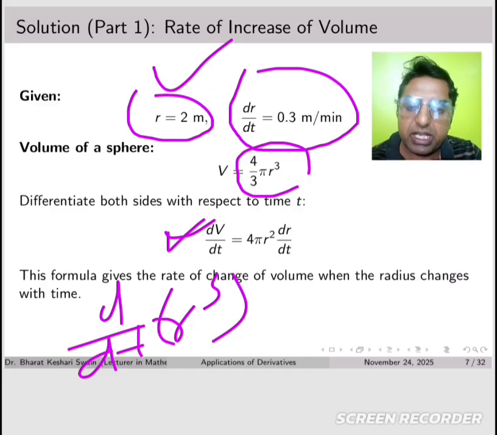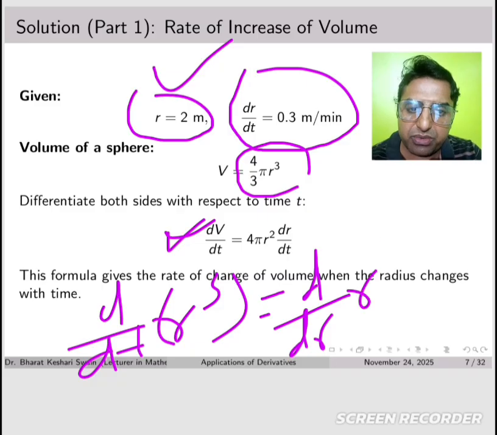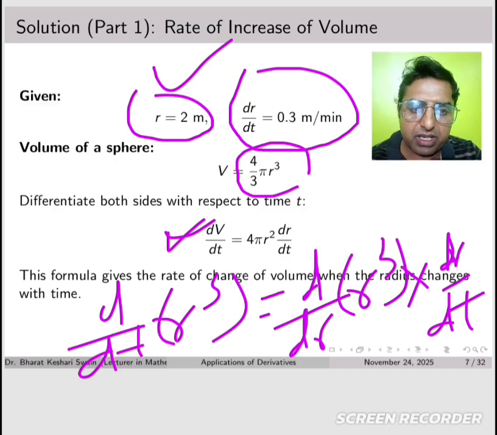So we see here, this is r cube, and this is with respect to time t. So directly you cannot find the derivative, so we have to use the chain rule. Using the chain rule, it will be d by dr of r cube into dr by dt. d by dr of r cube means 3r square into dr by dt. And in the previous step, it was 4 by 3 pi.